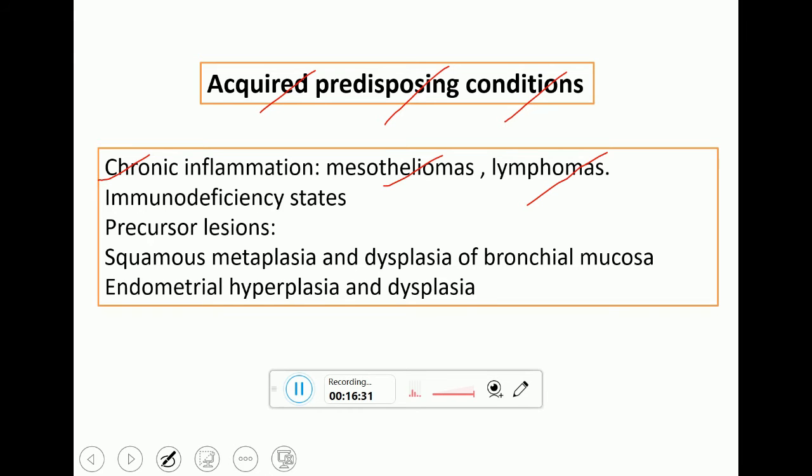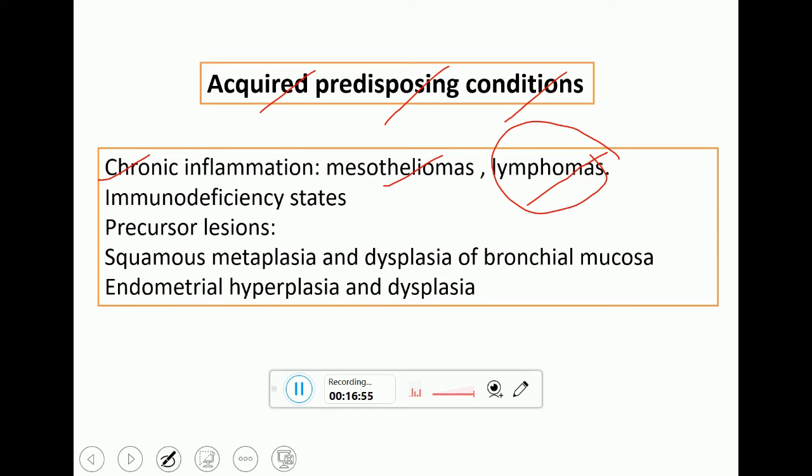Now, what are mesotheliomas? Mesotheliomas are cancers or tumors of the tissue that lines the lung, stomach, heart, and other organs. So if there is chronic inflammation in these tissues, then they might develop mesothelioma. Similarly, lymphoma is the cancer or tumor of lymph nodes.